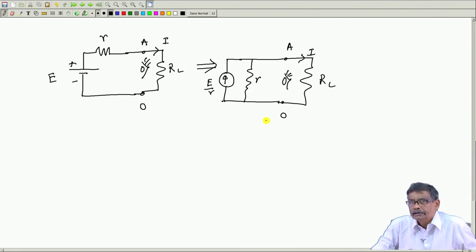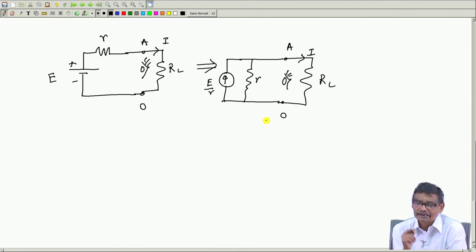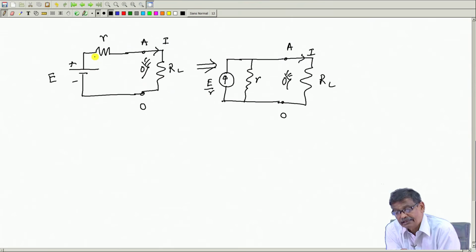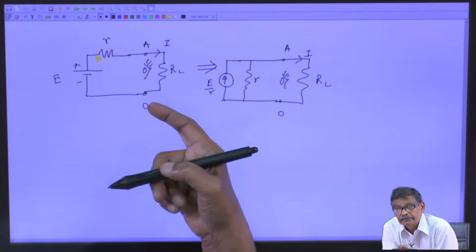See, looking at the same thing from different angles gives rise to the fact, although we do not know anything about current source, whether it can be manufactured or not at this stage at least, but somebody says look here, it was not an EMF and R in series, but there is a constant current existing in this path in parallel with this small r, that is what is present.